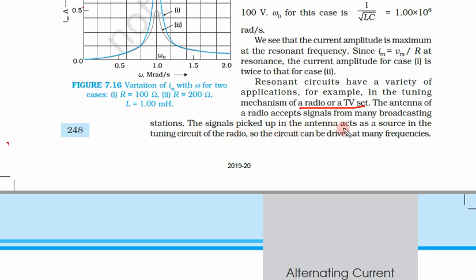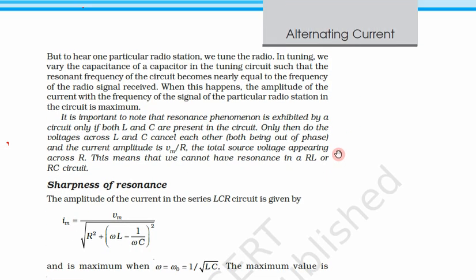The signal picked up in the antenna acts as an AC source in the tuning circuit of the radio, so the circuit can be driven at many frequencies.